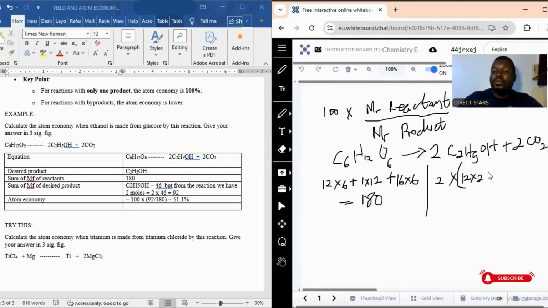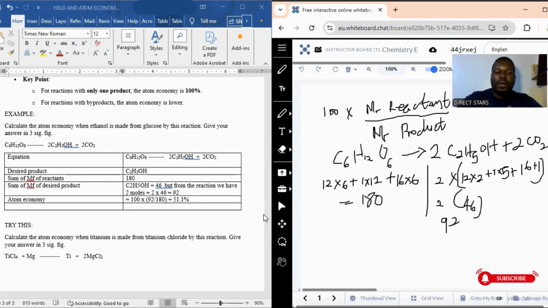So 12 times 2, plus 5 times 1, because hydrogen is 1, plus 16, and then plus 1. Remember, we have no business with the carbon dioxide. We only have business with our desired product. So this gives us 46, and then 2 times 46 gives us 92.